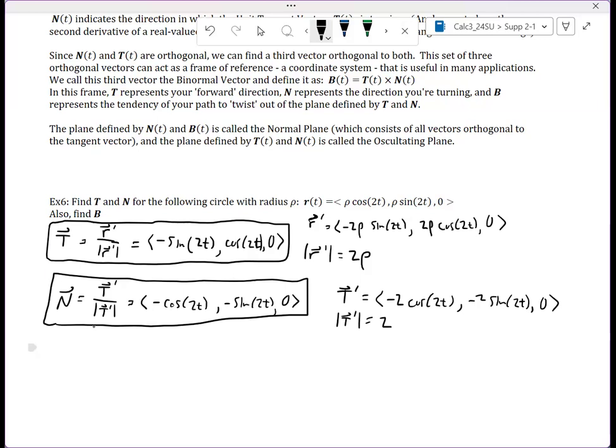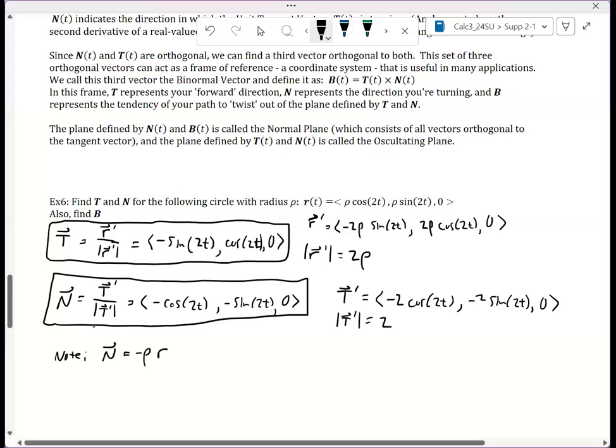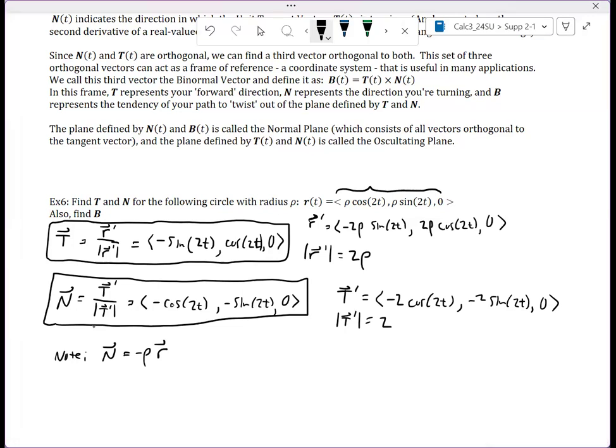And a couple of things to note here. Note that my unit normal vector is just negative 1 over rho times my original position vector. The normal vector is just pointing in the opposite direction of my position vector.